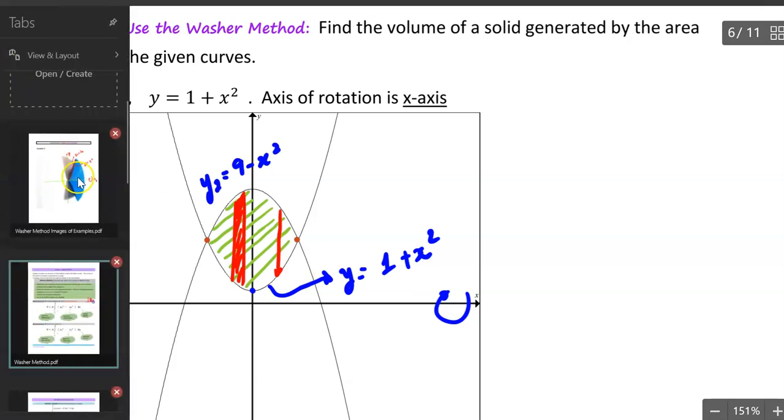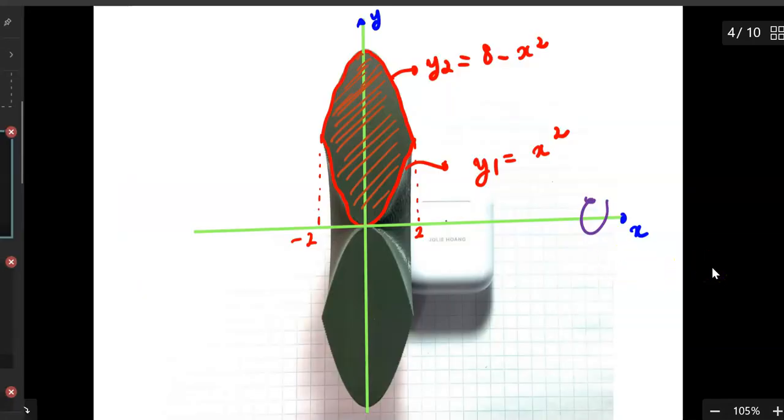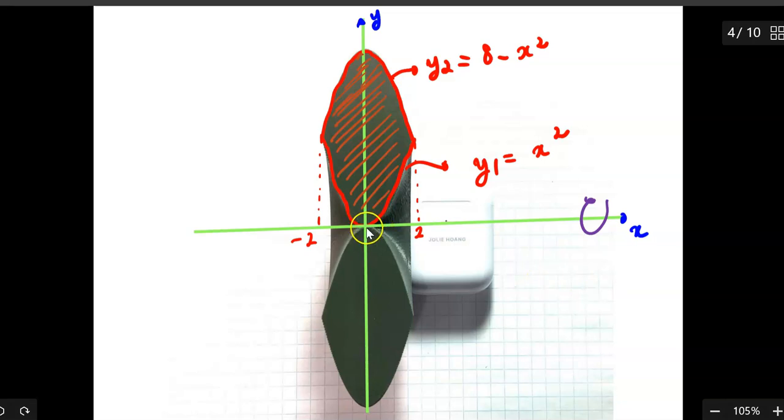So let's go to our 3D image. This one is example number 2. You see right here this point is 0, 0. If I raise this parabola up to have it at 0, 1, what kind of shape am I going to have?